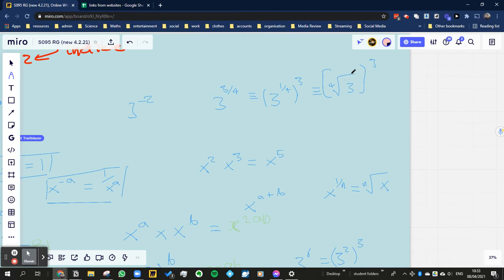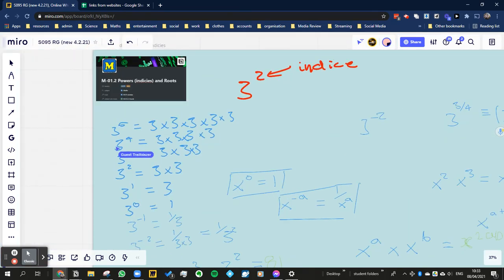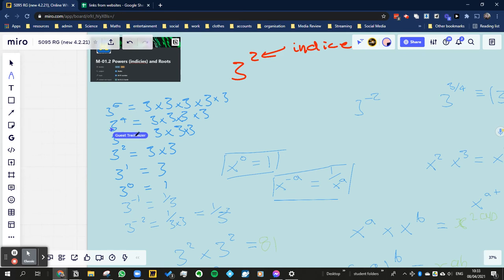So that's everything on powers. Let's just recap here now on indices. So we know what indices are. The number basically means how many times you multiply it, but it gets a bit weirder when they become non-positive integers.